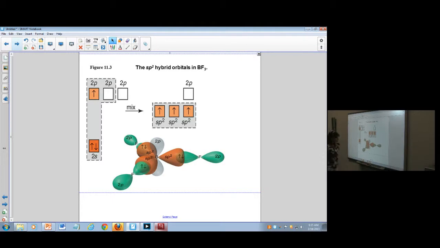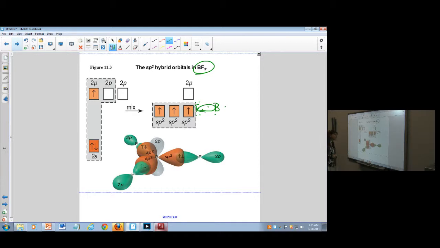All right, so here's boron, in BF3. Remember, our Lewis dot structure would represent boron with 3 electrons. There's nothing more, okay? And I could bring in fluorine on each side to do this bonding and form this bond.